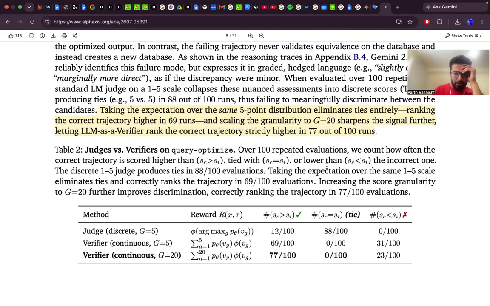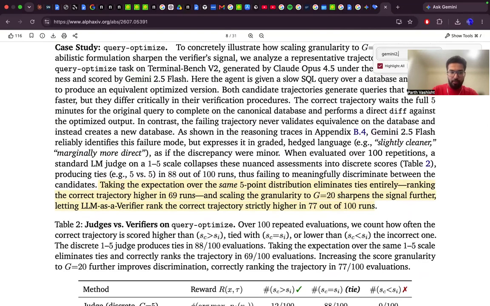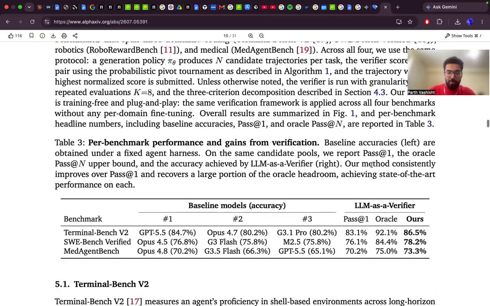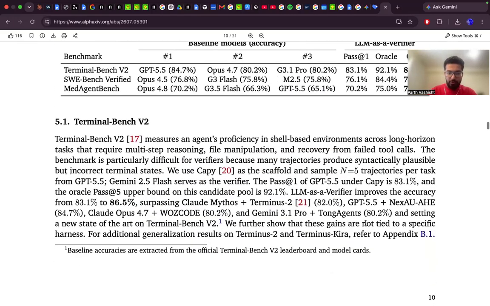For all their experiments, they use Gemini 2.5. Yeah, see, Gemini 2.5. My memory is correct. Very correct.